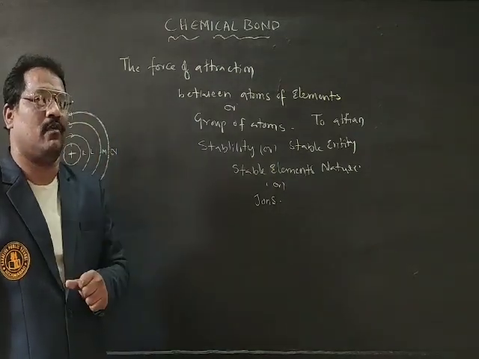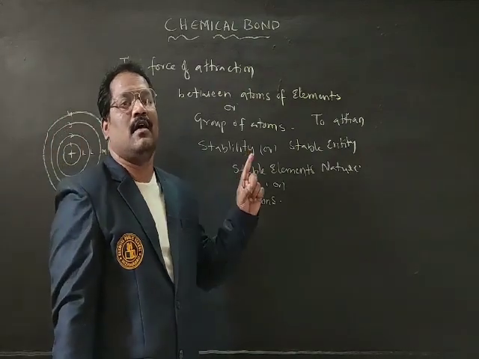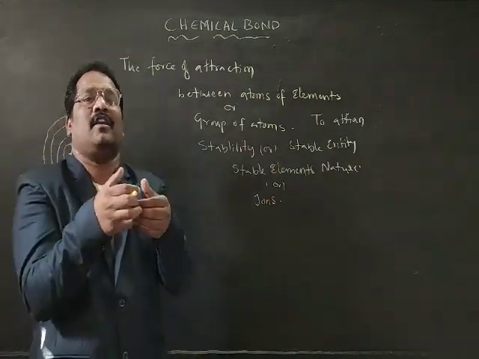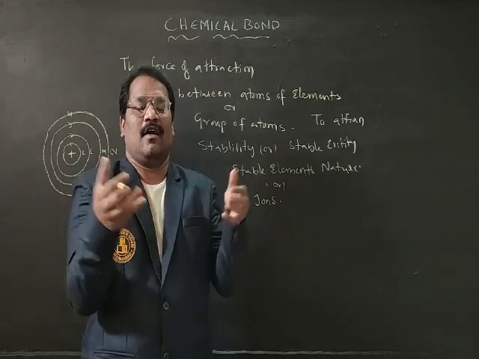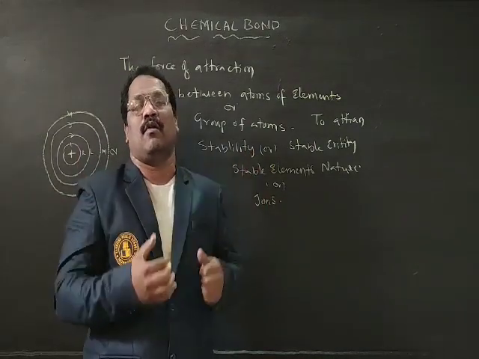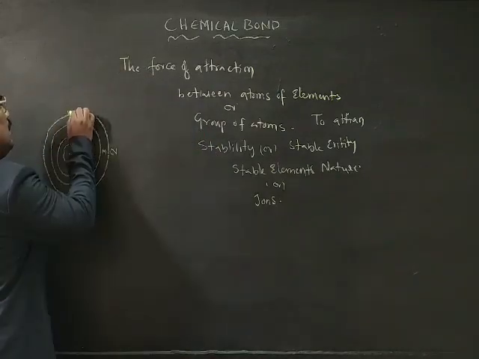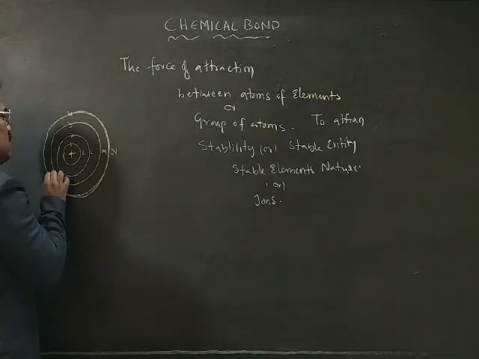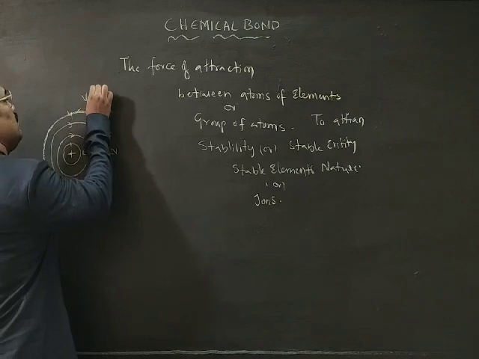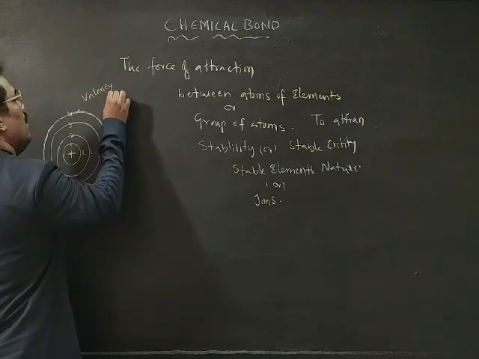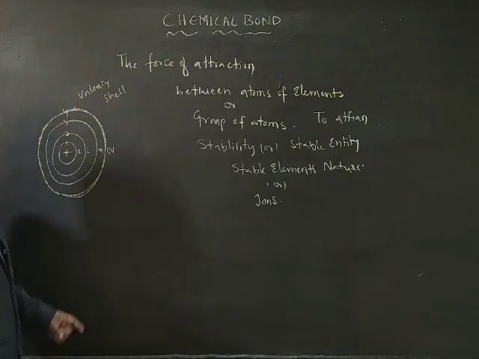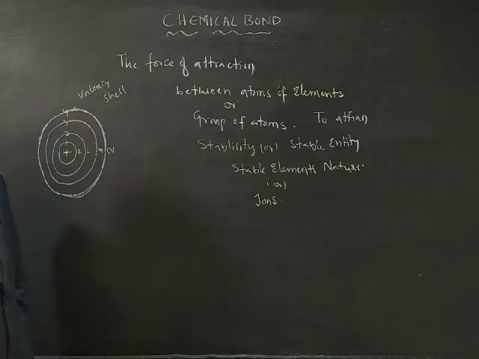I said one point for you. What is that point? The atoms combining together and participating in chemical bonding depend mainly on the valency electrons only, in what is called the valency shell. For every atom there will be certain shells.